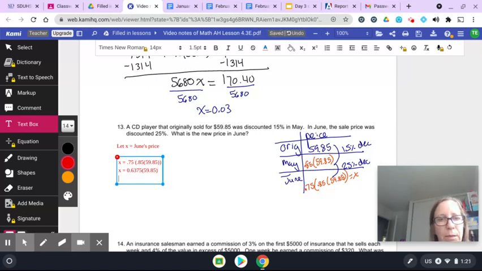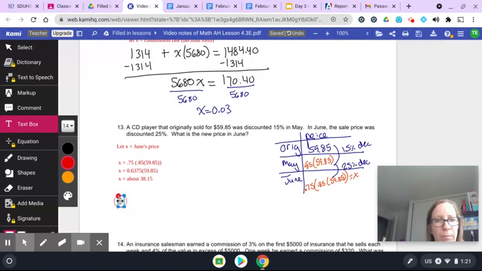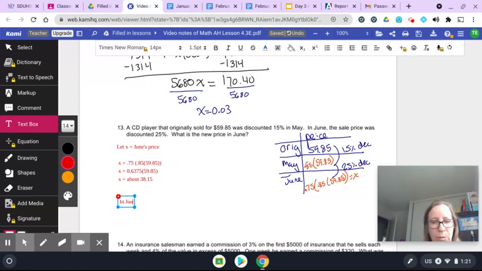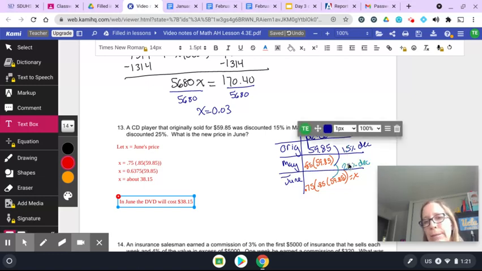And that will get us, we have to round a little bit because it's money, about $38.15. So in June, the CD will cost $38.15.